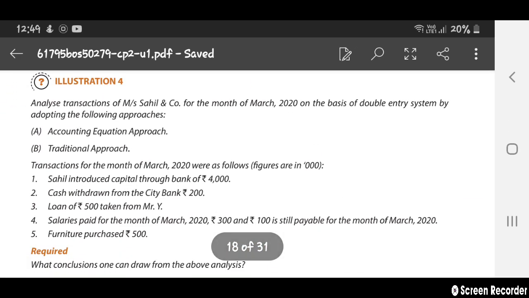First let us read the questions they have given. Next, we will learn how to make the journal or double entry. The next transaction is cash withdrawal from Citibank of rupees 200.